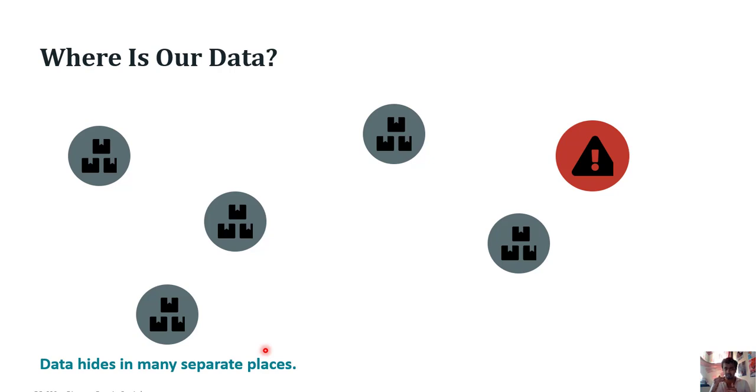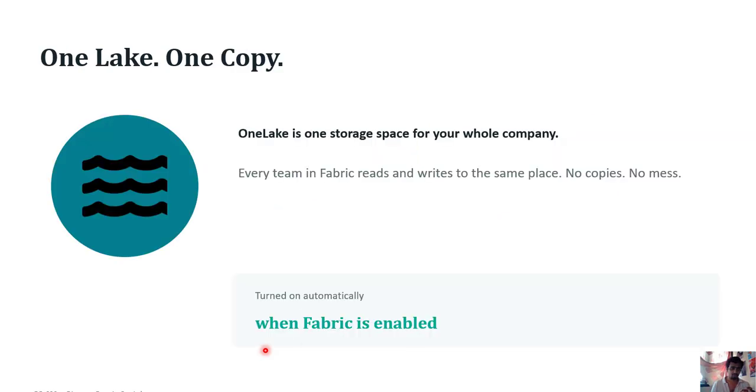To find the right data, the teams need to communicate, work together and align. This method is prone to error, and there is a delay in finding the right data. This particular problem is solved by the storage layer called OneLake inside Fabric.